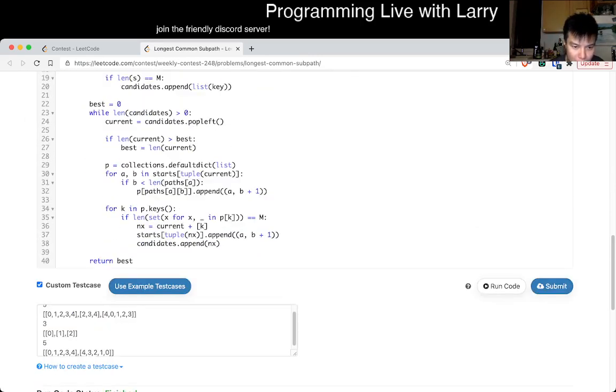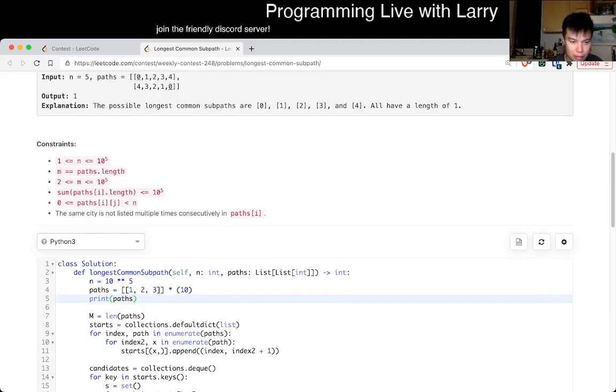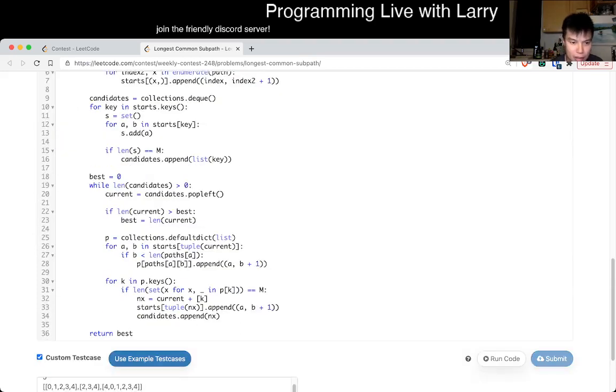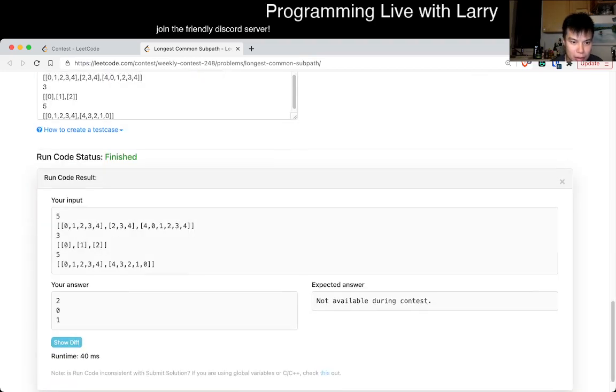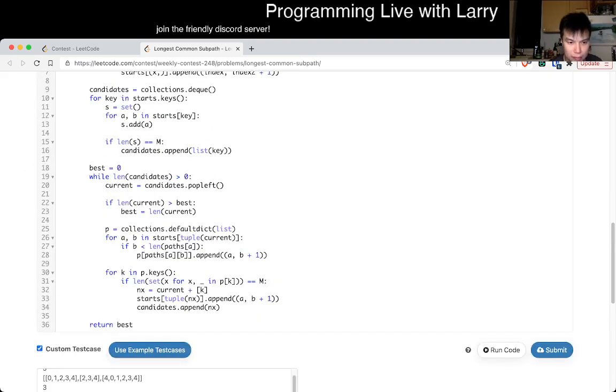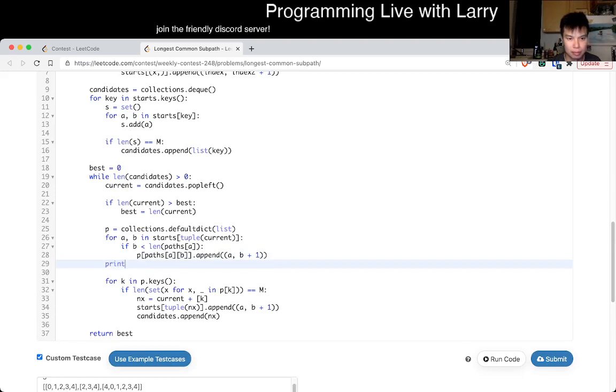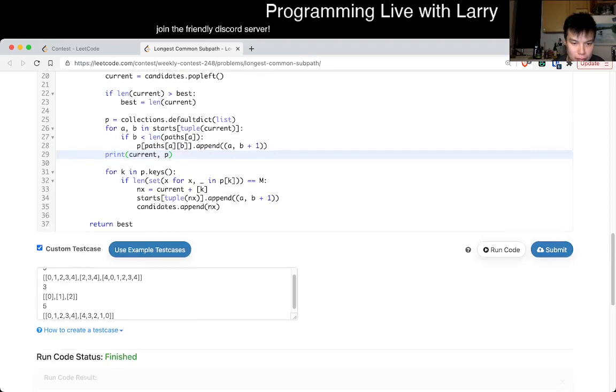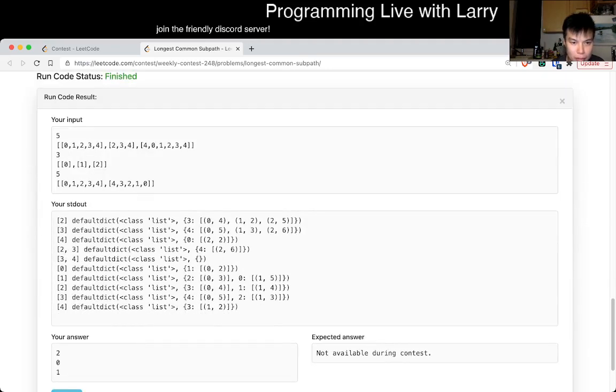I'll get it submitted, I guess, because this is clearly wrong. So let's debug this. This one is 2, 2, 3.